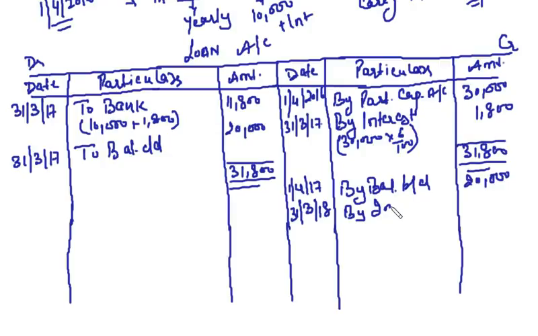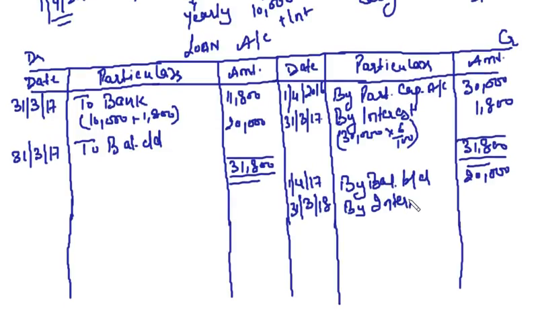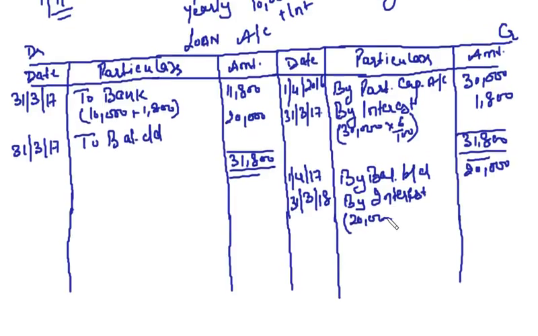Just calculate the interest. What is the remaining amount? 20,000. This 20,000 is used by the continuing partners for this whole year. So we will calculate this interest on 20,000 only into 6%. This comes to 1200, right?